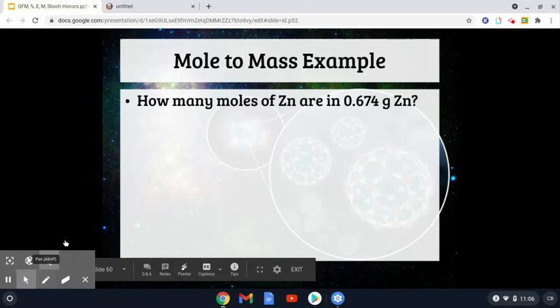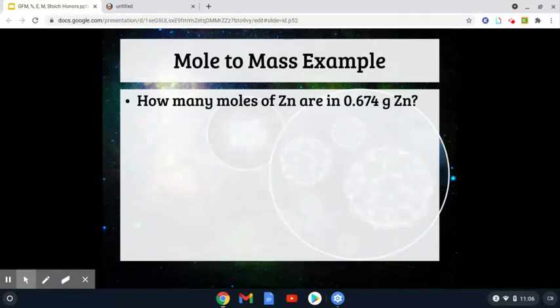And then last but not least, we have one more practice problem. It says, how many moles of zinc are in 0.674 grams of zinc? So again, always write down what's given to you.